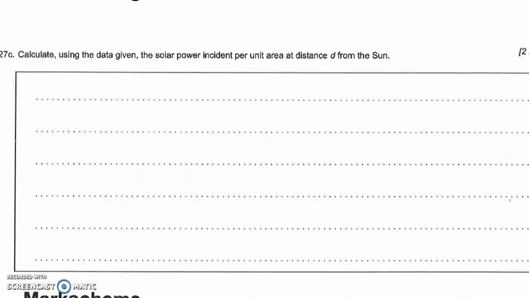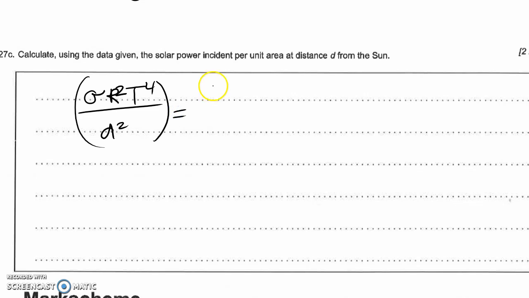Then we're going to use the equation we used before and plug in. So we're going to have the Stefan-Boltzmann constant r squared T to the fourth over d squared, which equals, now we're going to use the data that they give us in the beginning.